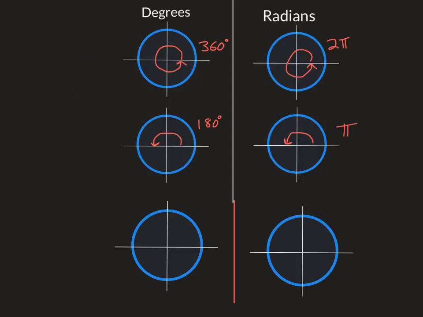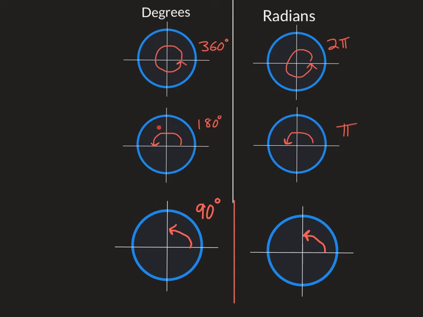And let's do just one more. If I were to go a quarter of the way around, we know that's going to be 90 degrees. And let's think what a quarter of the way around would be in radians. Just like halfway around in degrees was 180, a quarter is half of halfway.